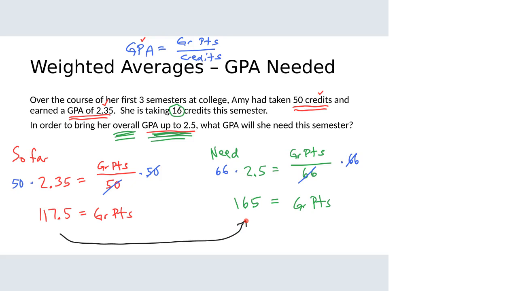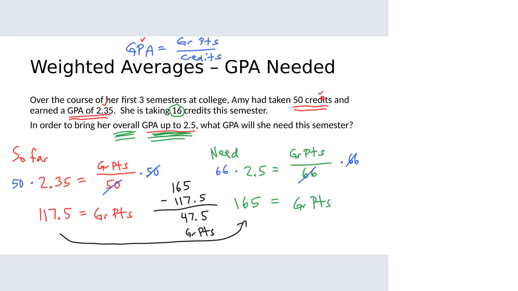She's going to have to bridge that gap. The number of grade points she's going to need this semester is 165 minus 117.5, or 47.5. That's how many grade points she's going to need this semester.